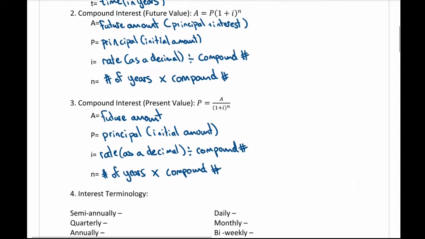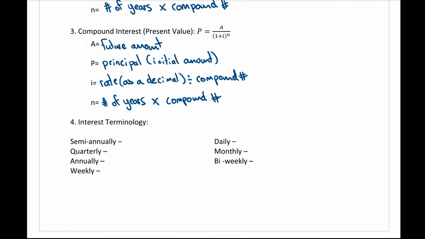And the compound number comes from these different terminologies, because each one represents a certain value. Semi-annually means twice a year. Quarterly means 4 times a year. Annually means once. Weekly is 52. Daily is 365. Monthly is 12. And bi-weekly, or every other week, is 26.